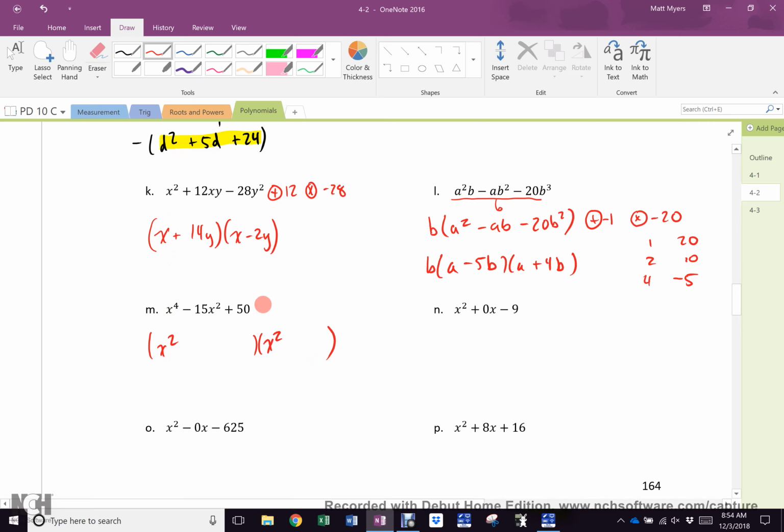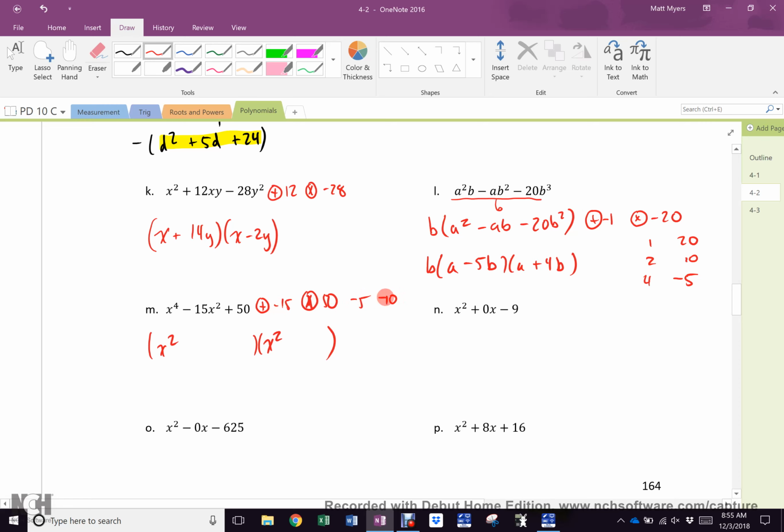Now, I need to add to negative 15 and multiply to 50. Is it 1 and 50? 2 and 25? No. 5 and 10? Yes. How do 5 and 10 add to make negative 15?